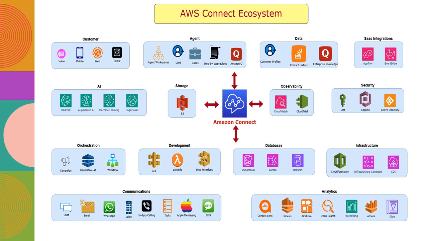CloudTrail's keeping track of who's doing what, and it's secure with IAM or Active Directory or Cognito, whatever you want to use. The idea is for the agent to be talking to the customer, but all these services are used within Amazon Connect if you want to use them.